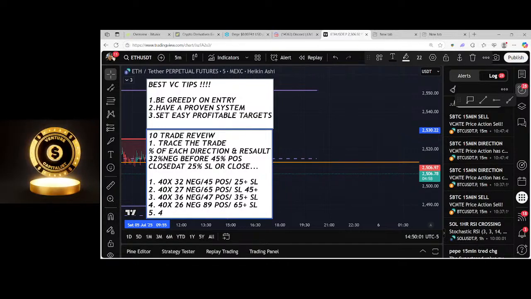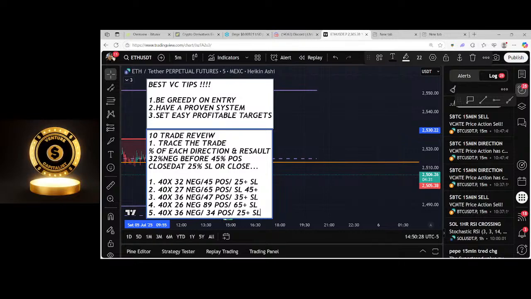You'll get the idea. 40x leverage, 36% negative, 34% positive, 25% plus stop loss. Okay, so this is half of what's called a 10 trade review.